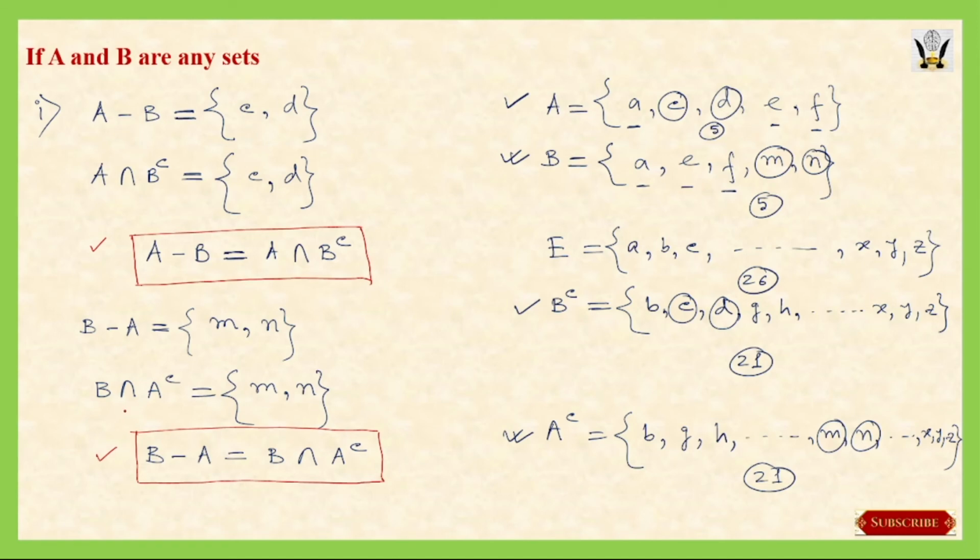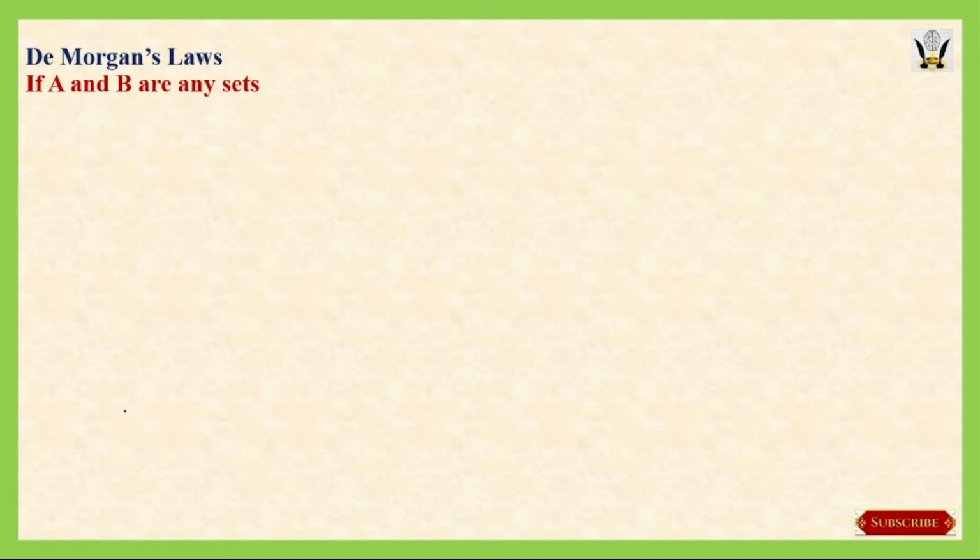Now next we will see the De Morgan law in case of set theory, which is very important. And for that we have chosen again the same sets A and B having same number of elements and same elements.